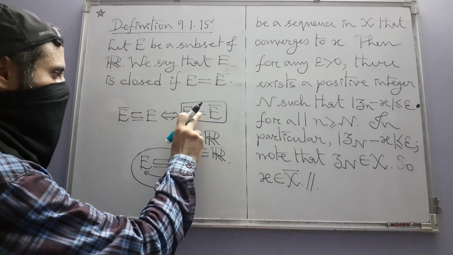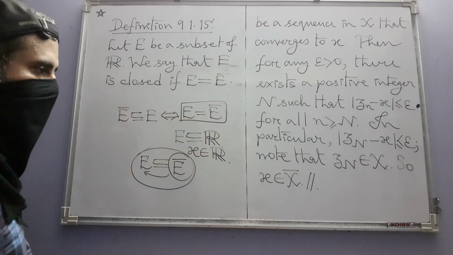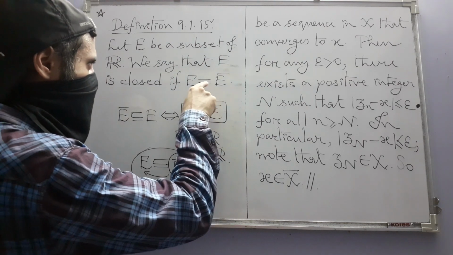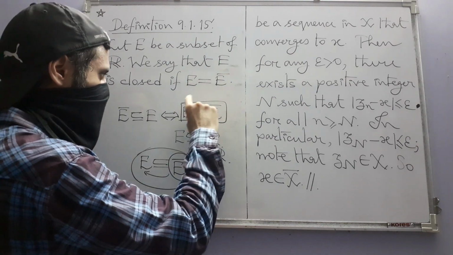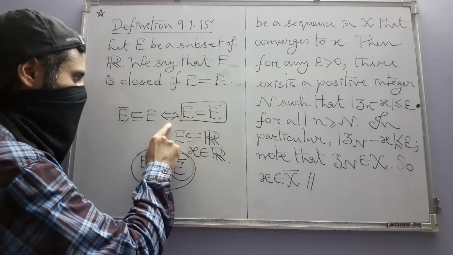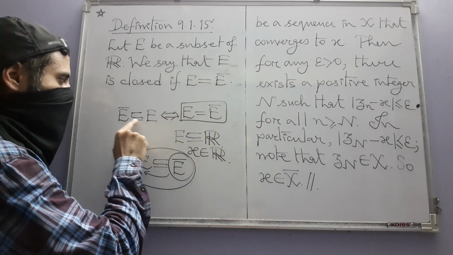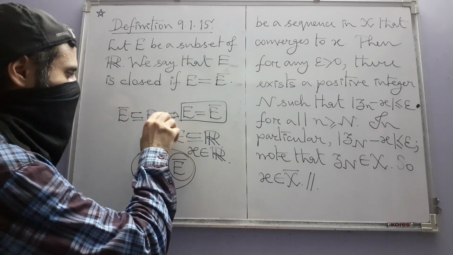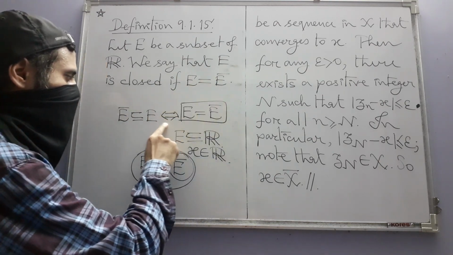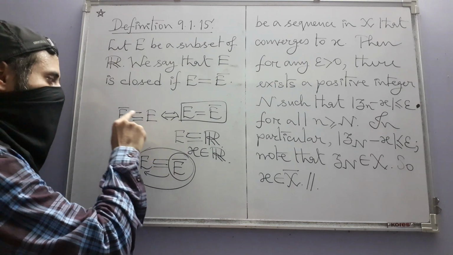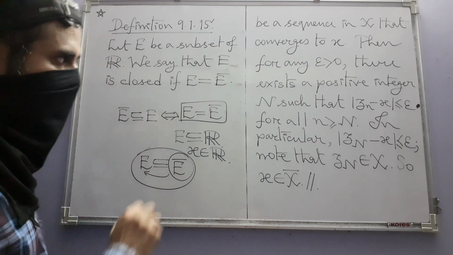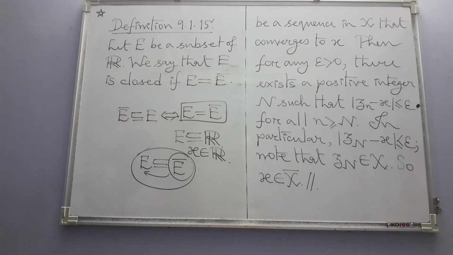And conversely, if you have equality, then of course you also have this containment. That means that a set E is closed, which by definition is this, if and only if E contains its closure, which in turn means that a set is closed if and only if the set contains all of its adherent points. So that's the next thing we are going to write here.